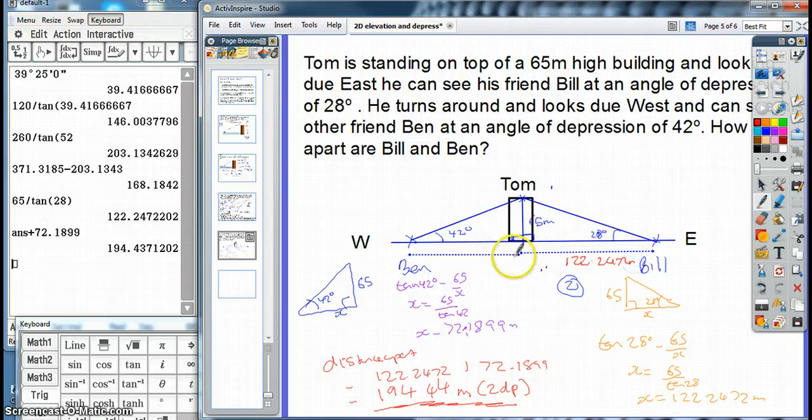Over here, here's our triangle, 42 degrees, 65 meters, solve for x, same method. We get 72.1899 meters. So the distance between Bill and Ben is that one plus that one, giving us a total of 194.44 meters to two decimal places. That being our final answer there.